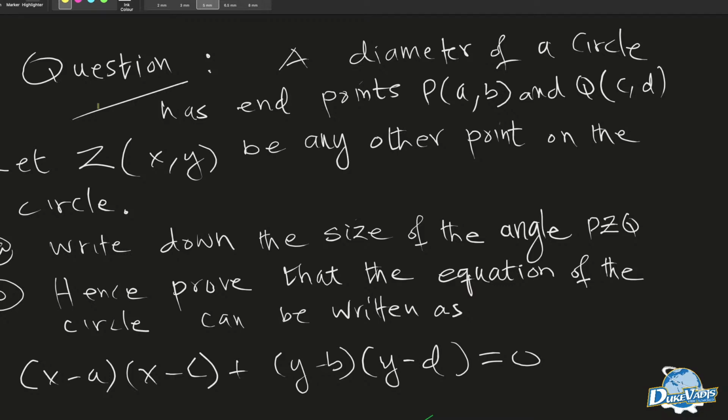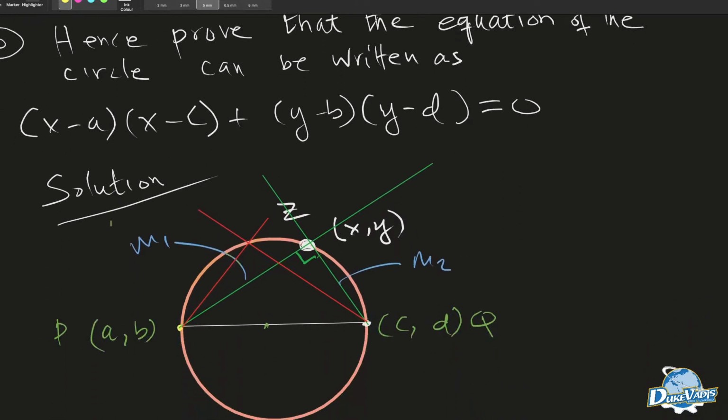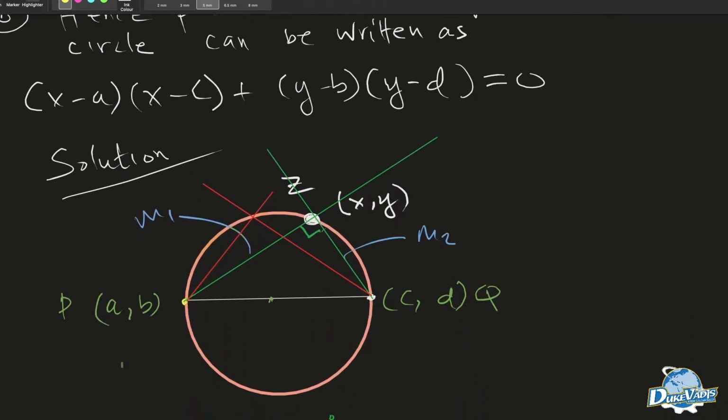Write down the size of the angle PZQ, and hence prove that the equation of the circle can be written as that. So this is our diagram. We have point P (a, b), Q (c, d), and when we intersect this line in green, we got Z, that will be (x, y).